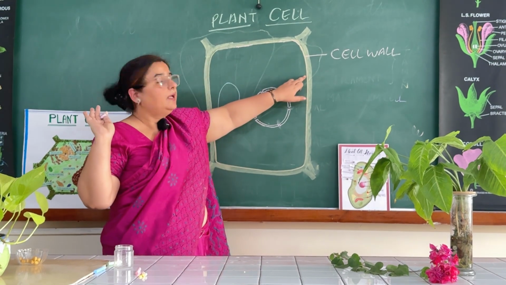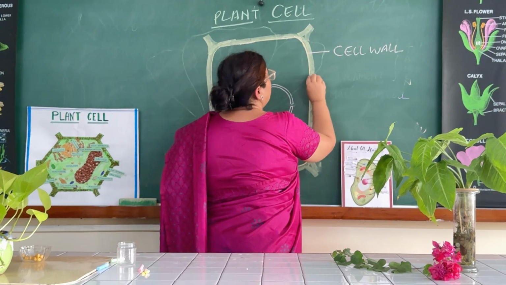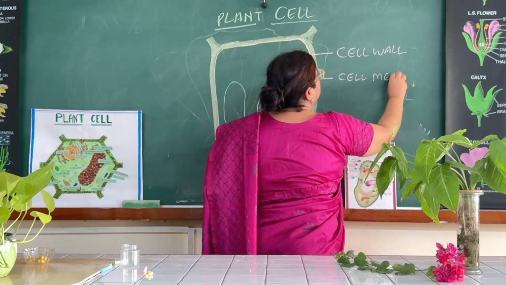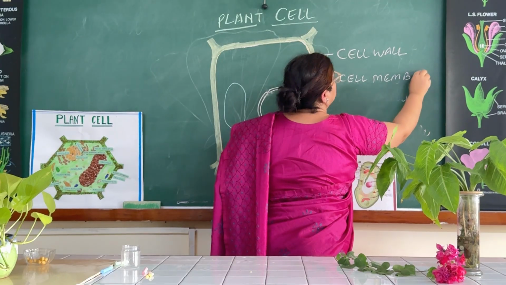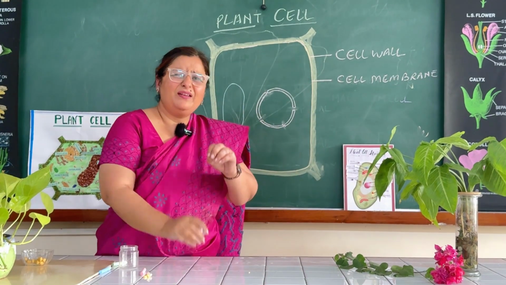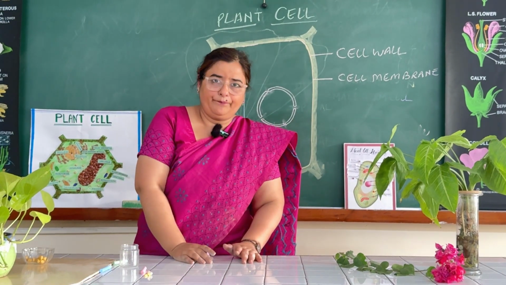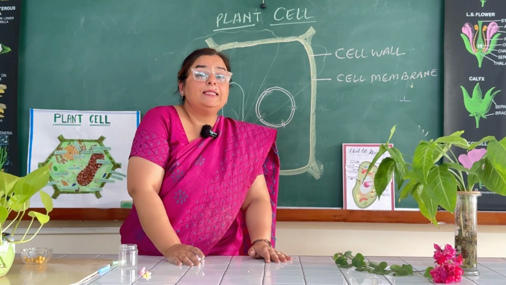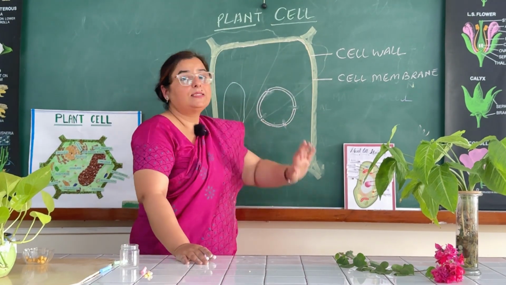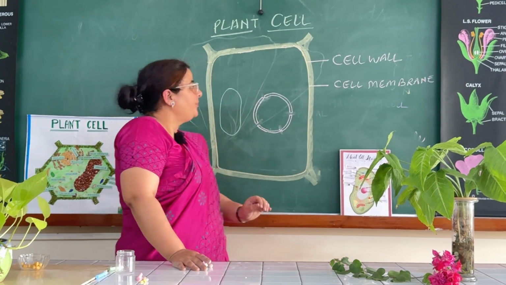Inside this there is a membrane which is known as cell membrane. Cell membrane is a very thin membrane, and it is composed of proteins and lipids. And this cell wall is composed of a carbohydrate which is known as cellulose.